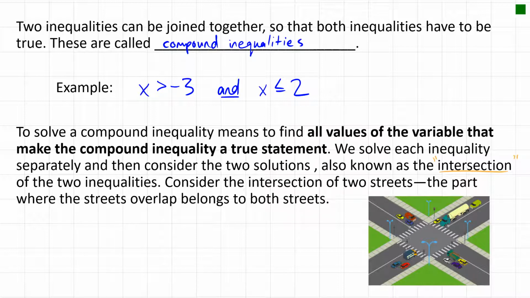You can consider it just like the intersection of two streets. The part where the streets overlap belongs to both streets. So what we're looking for are the values that overlap and satisfy both inequalities. What is the intersection of those inequalities?